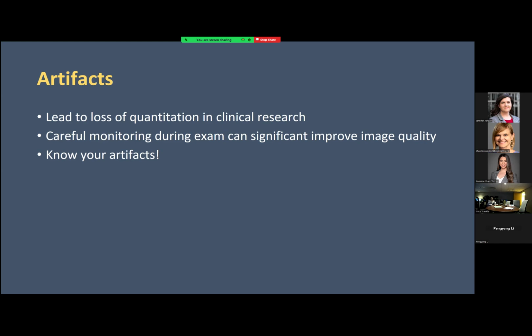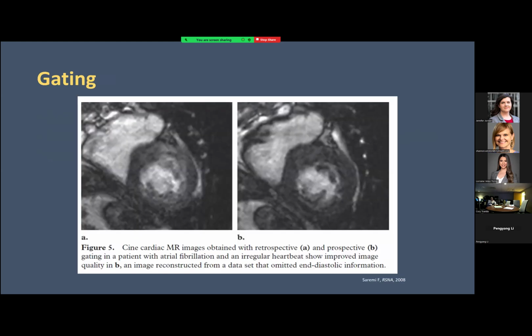And with funding lines as tight as they are, we don't have a lot of extra patients in a study. We plan for maybe a 10% loss to follow-up in a longitudinal study, but every patient who stays in the study, who's retained, their data point is very valuable. So we want to make sure we're recognizing things such as gating artifacts.